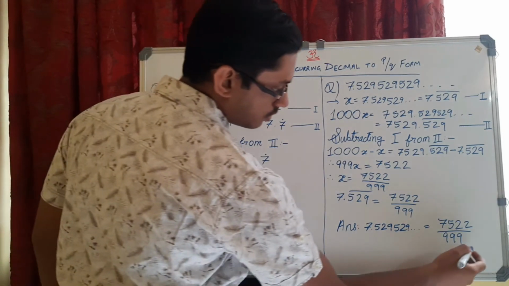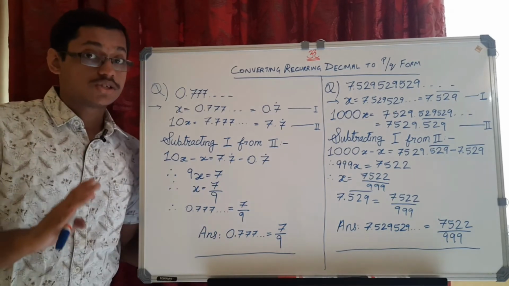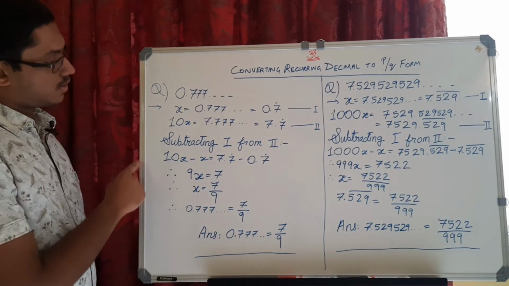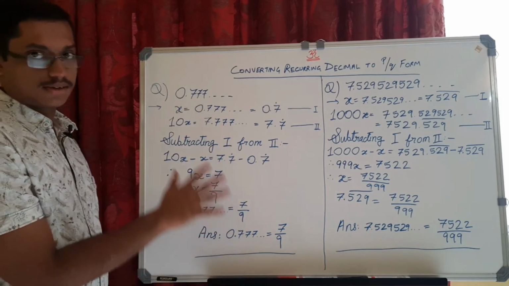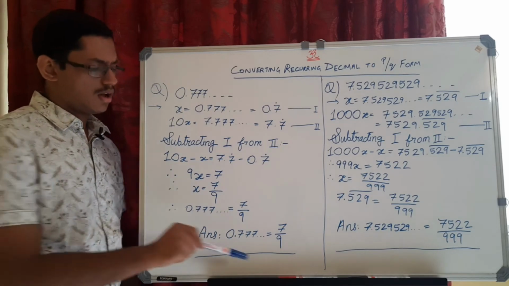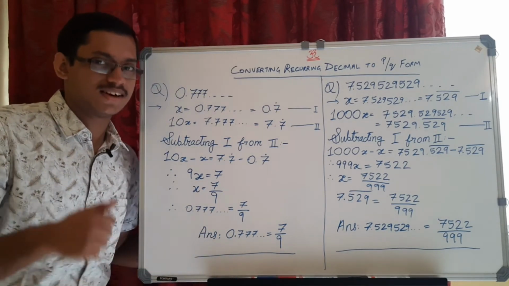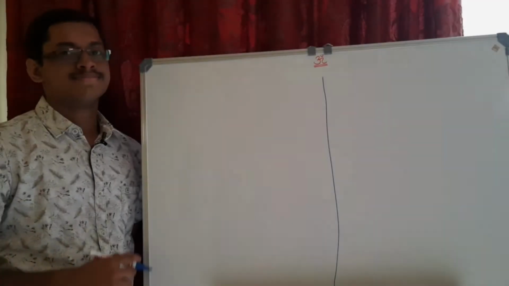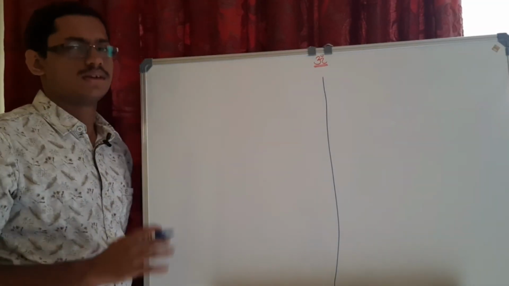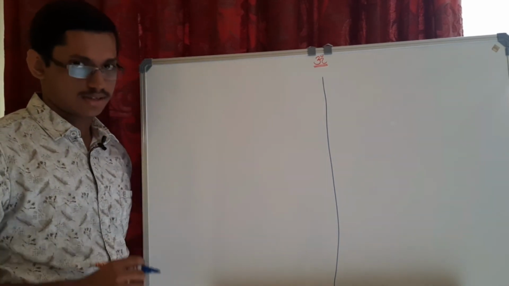Don't forget to give an underline here. Presentation should be great. So understood the whole thing? Alright, now we will move on to a little bit of a tough question. Let's see an example which might be a bit trickier. But I am sure with practice you will surely get it.